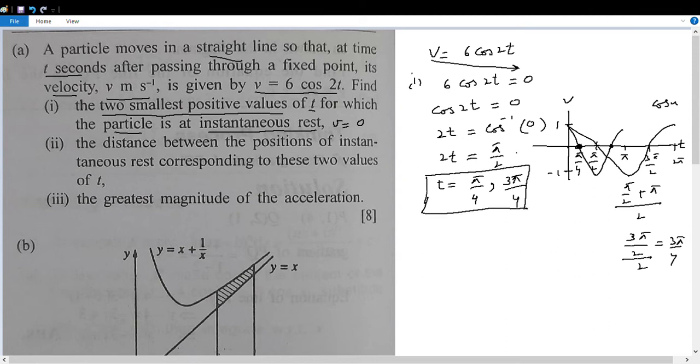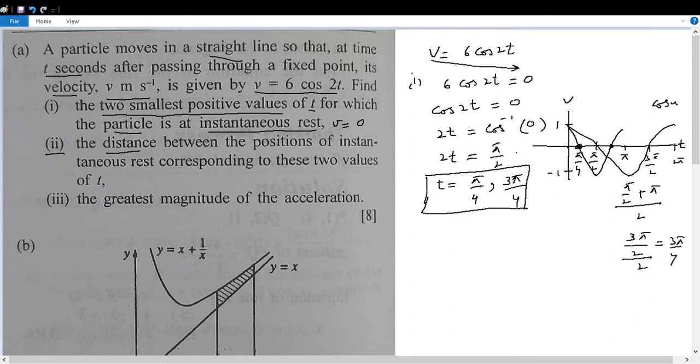Now the second part is to find the distance between the positions of instantaneous rest corresponding to these two values.